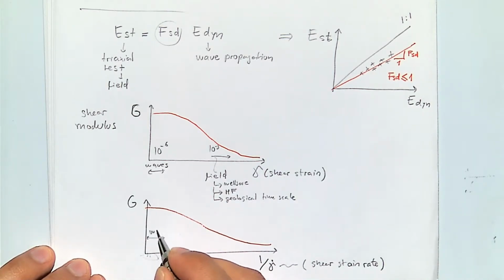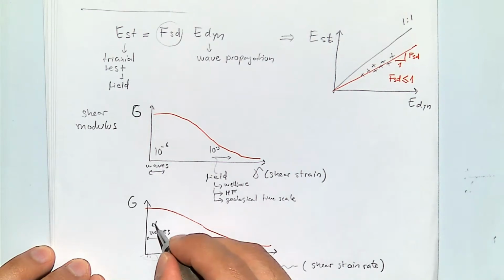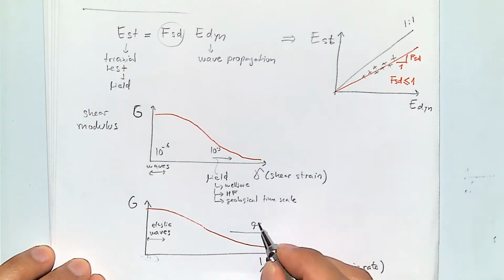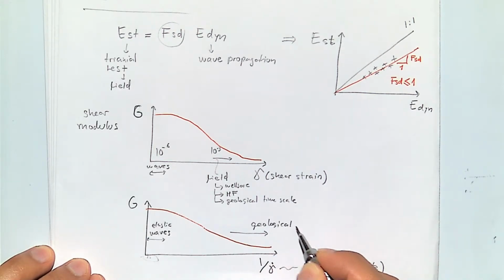Again, this is where we're going to have elastic waves. When this value is very, very small, 1 over that value is going to be very big. And here we have geological processes.